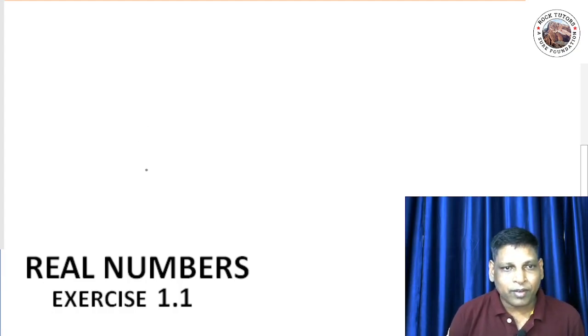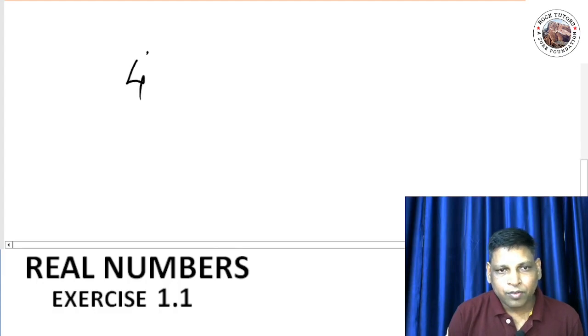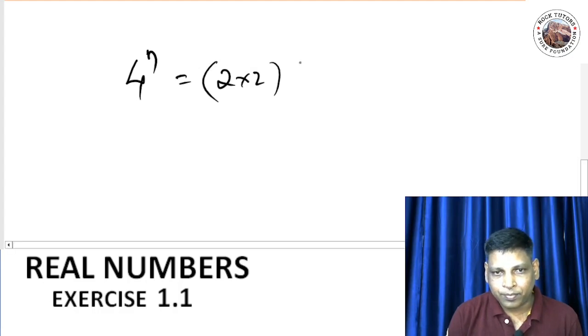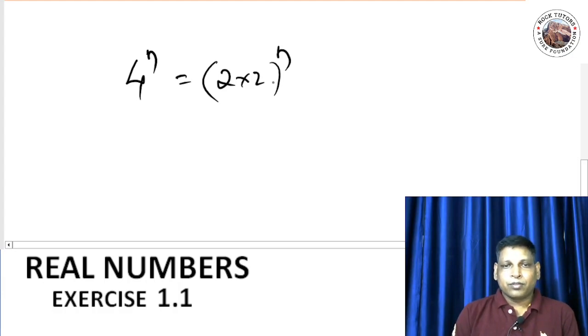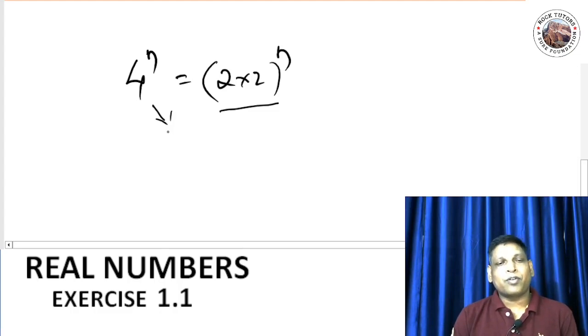So I write 4 power n as (2 into 2) whole power n. Here 4 doesn't have 5 as a prime factor. When there is no 5, it will not be divisible by 5, and so this 4 power n will not end with 0.